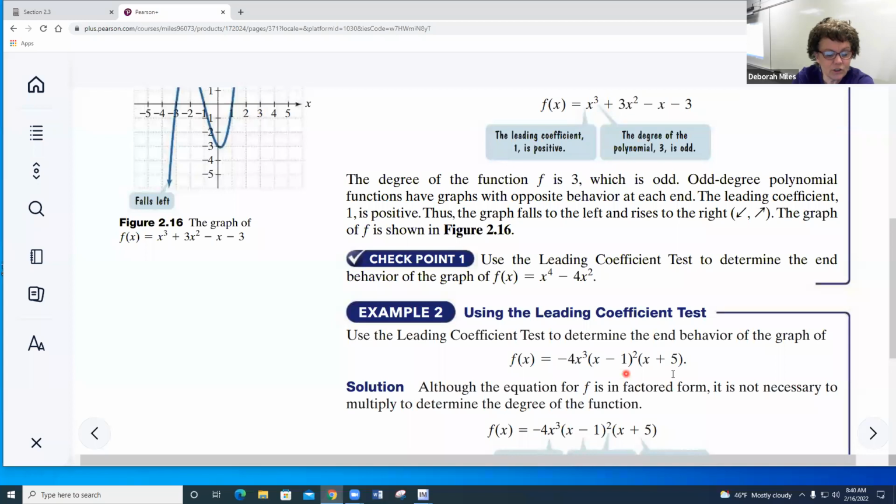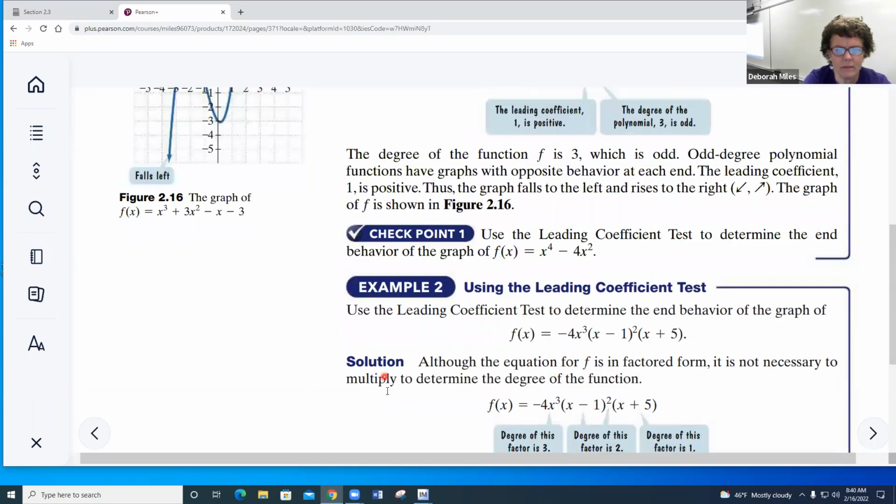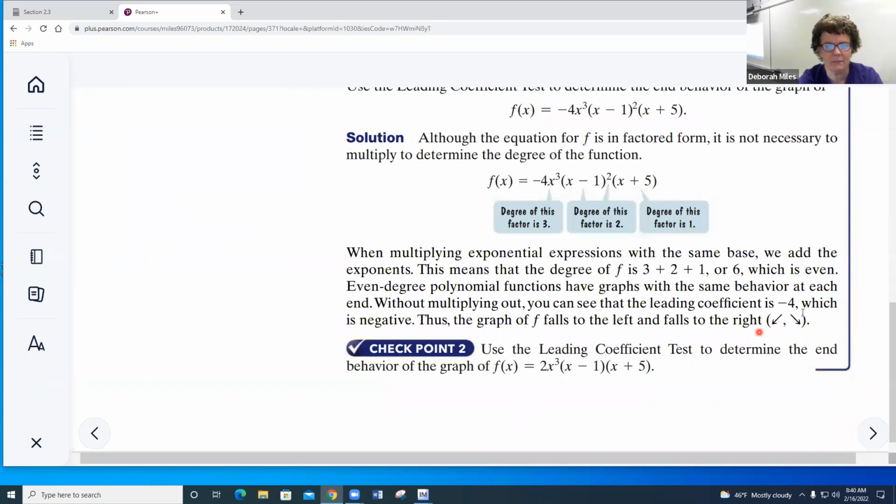This is a 6th degree polynomial with a negative coefficient. So which one of our big 4 does it look like? Both ends going down like negative x squared. They may have graphed it on the next page, but then again, maybe not. Maybe they're just showing you both ends go down. All right, so I think you have that. Back to the notes.